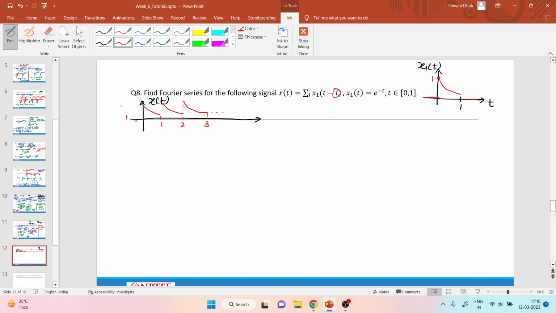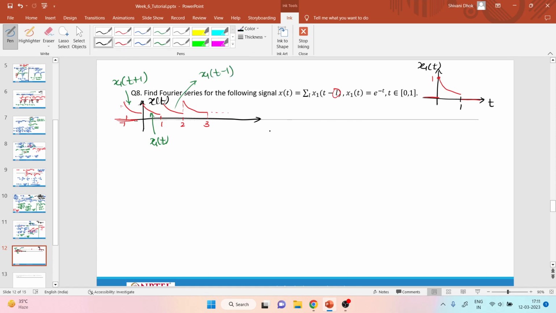Similarly, to be specific, this is x1(t plus 1), this is x1(t), and this is x1(t minus 1), and this continues.